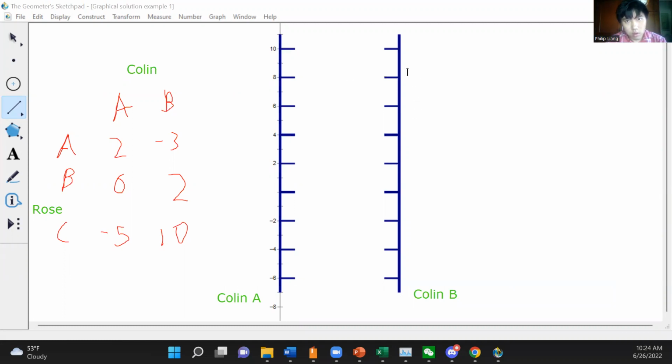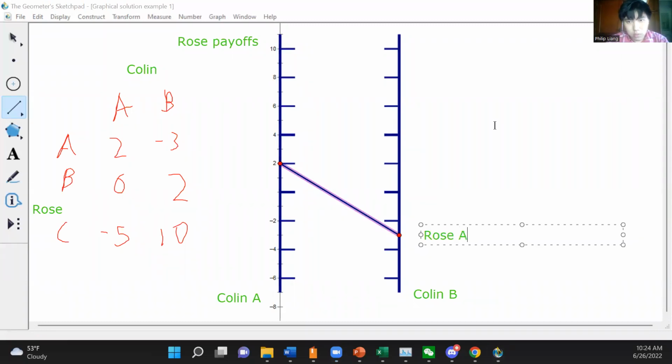The vertical numbers here represent Rose's payoffs. Now, Rose's strategies will be sloped lines. Rose A will range from 2 if column plays A to -3 if column plays B. Let's start labeling these lines.